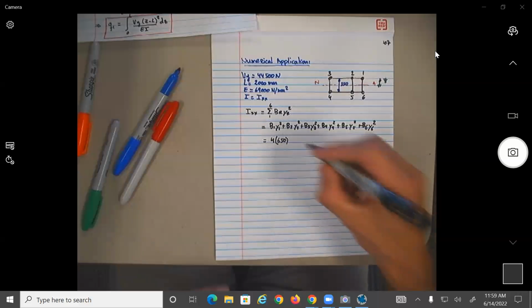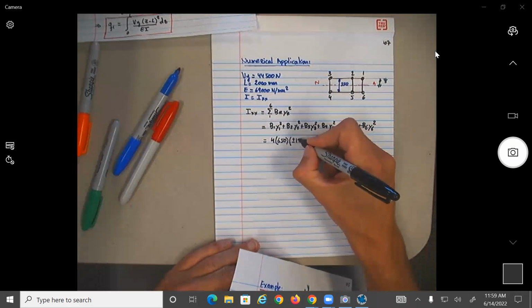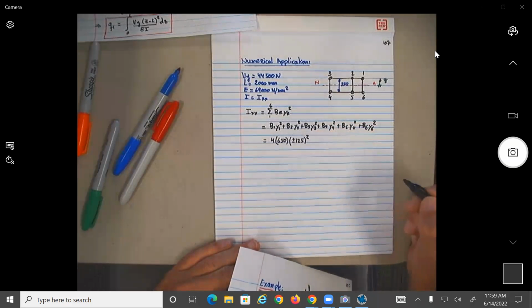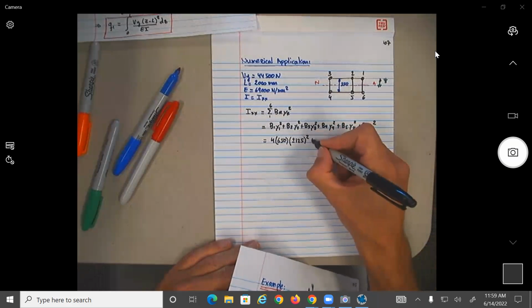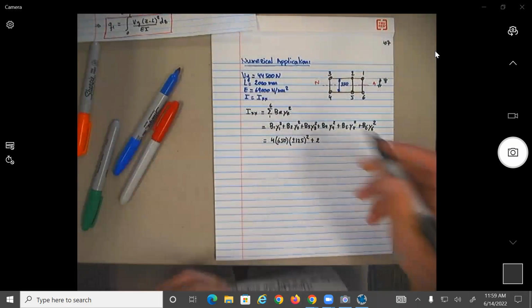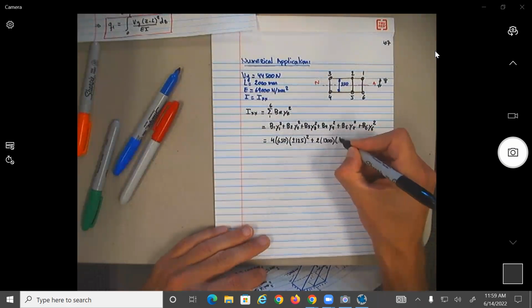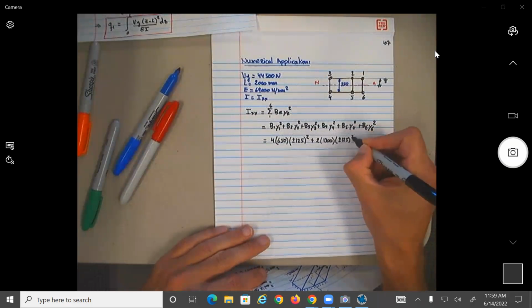It will be plus minus what? 125 squared plus 2 times B2, B5, that would be 1300, times again plus minus 125 squared.